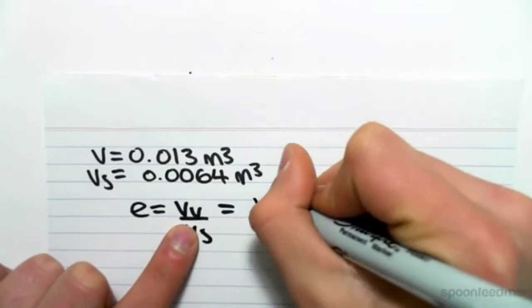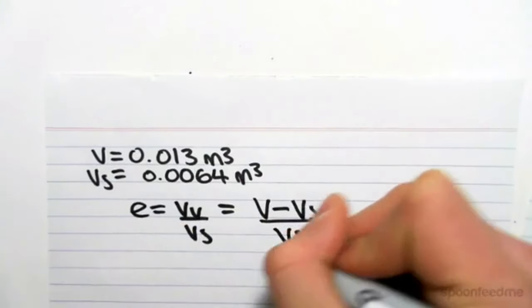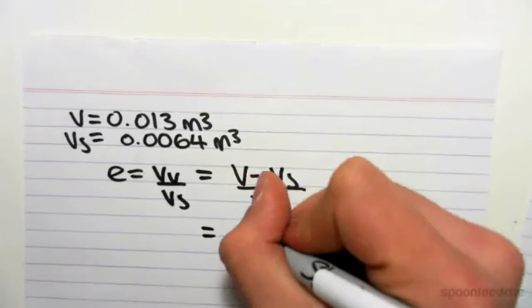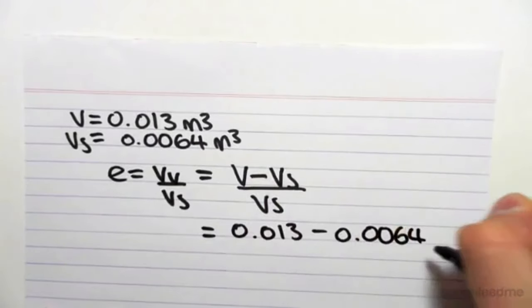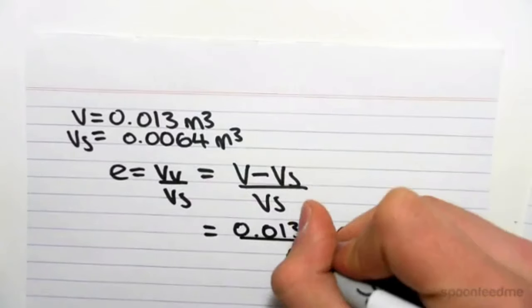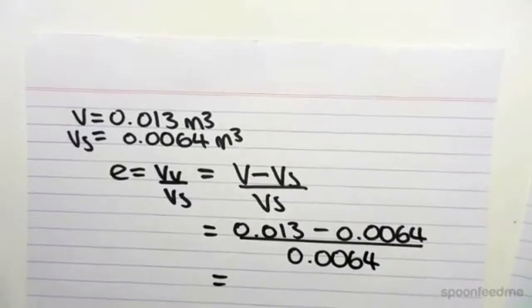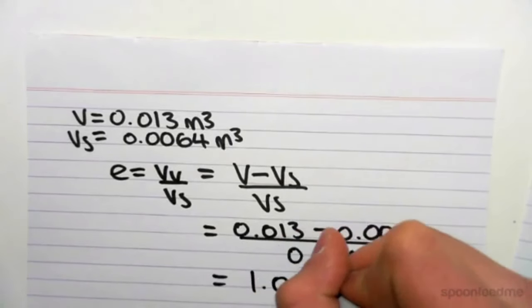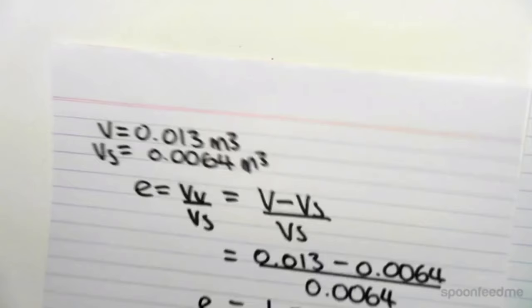We can rewrite the volume of voids as the total volume minus the volume of the solids, on top of the volume of the solids. So that's 0.013 minus 0.0064, all divided by the volume of the solids, 0.0064, and we get 1.03 roughly as our void ratio. So we've found our void ratio.